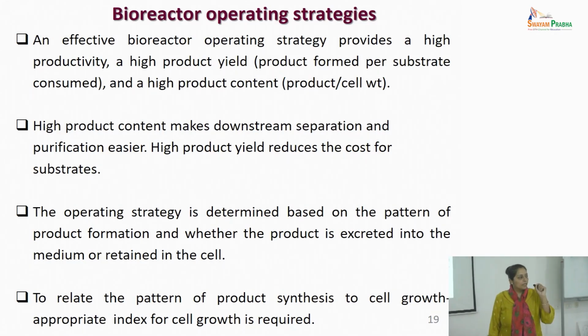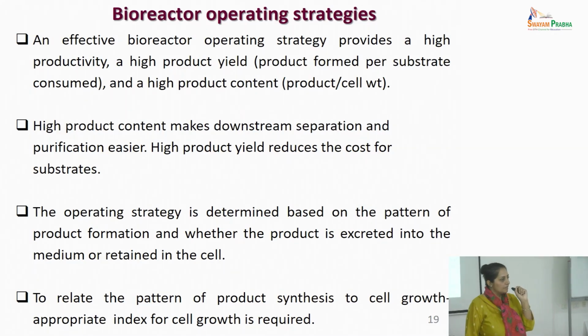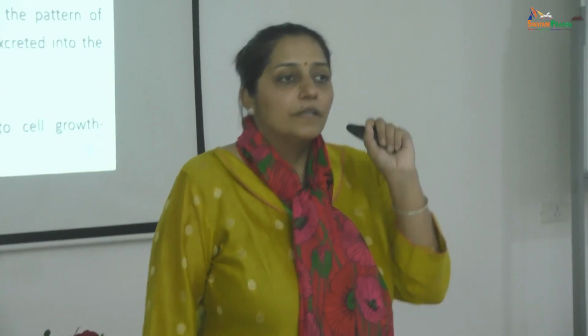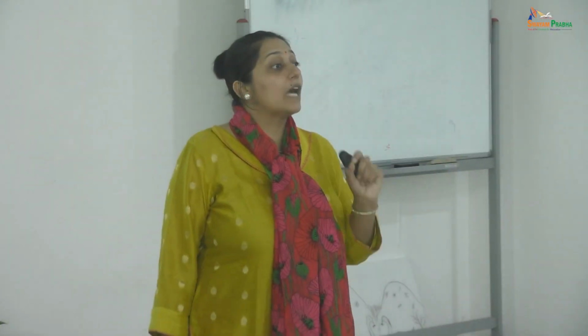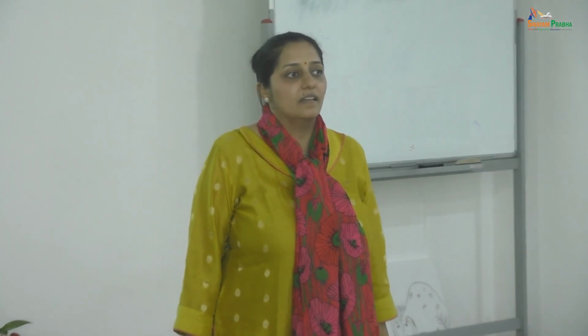Give some time to think about it and let me know if it is clear to you. The first statement was that high product content can make your downstream processing easier. Why? Because you have a large amount of product per unit biomass. So the cost of downstream can possibly be reduced.